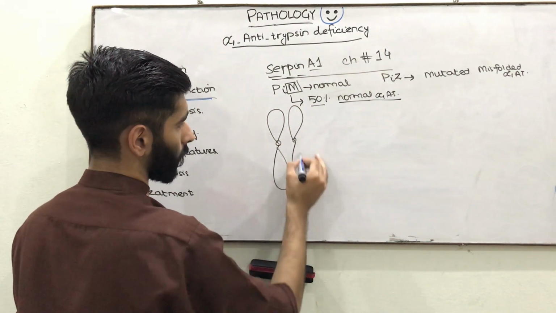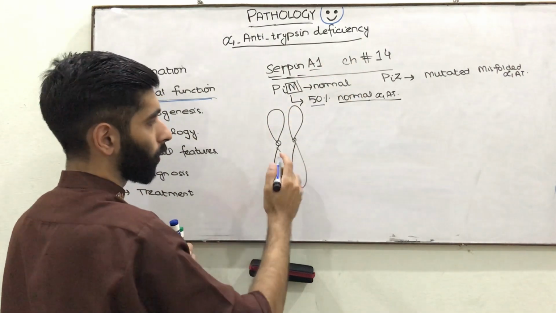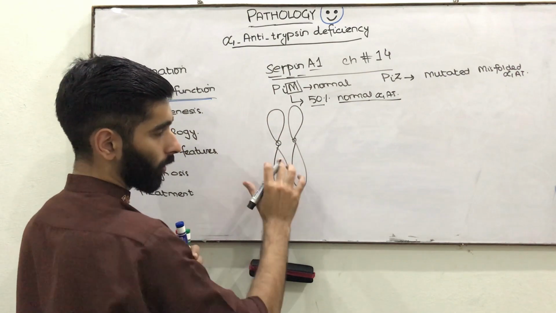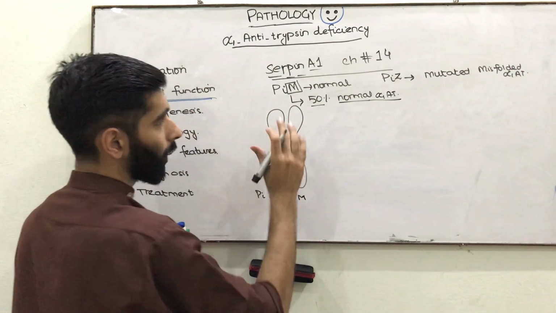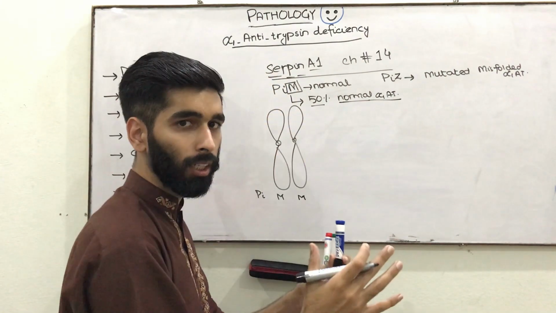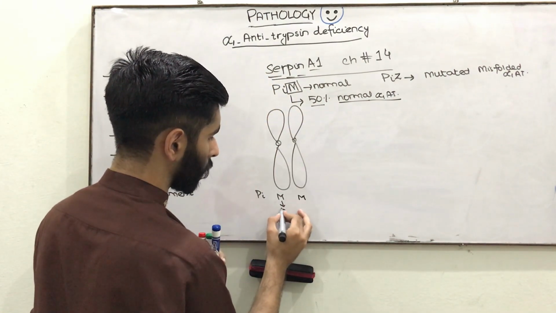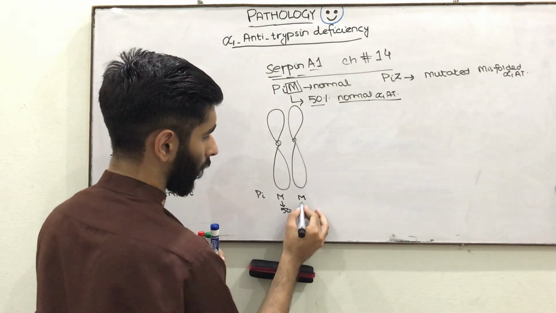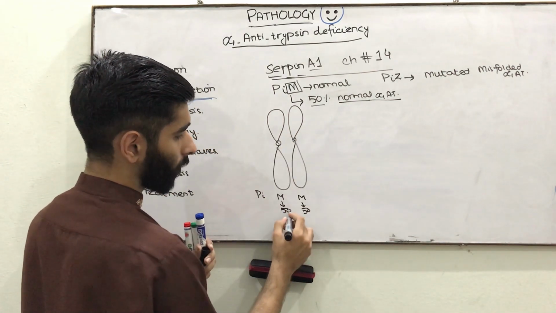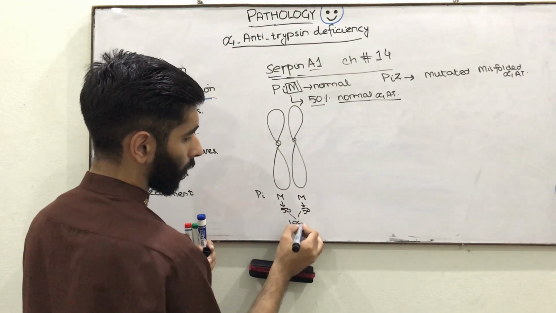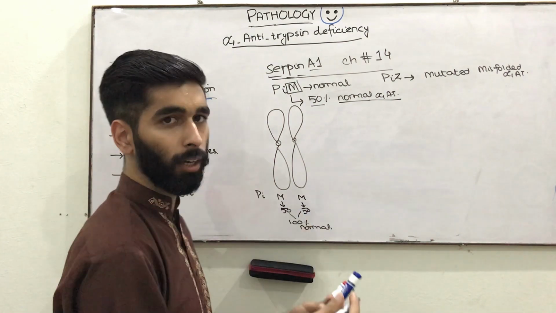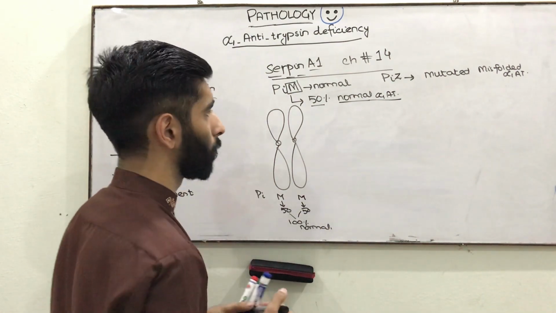As you know, in every person there are two alleles, one from the mother and one from the father. So if the person has PiM from the father and PiM from the mother, there will be 50% from this and 50% from this, and the person has 100% normal alpha-1 antitrypsin in the blood.